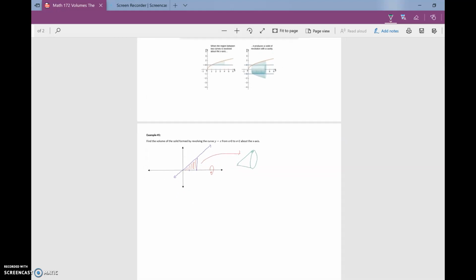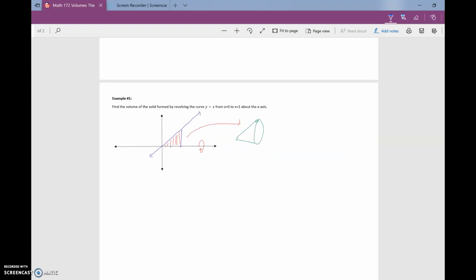So if we were to apply the formula that we have above, the volume is going to equal the integral from 0 to 2, and I'm just going to put the pi here. Your first function is the one that's above it. So that's going to be x, which is going to be squared, and it's going to be bounded below by y is equal to 0.